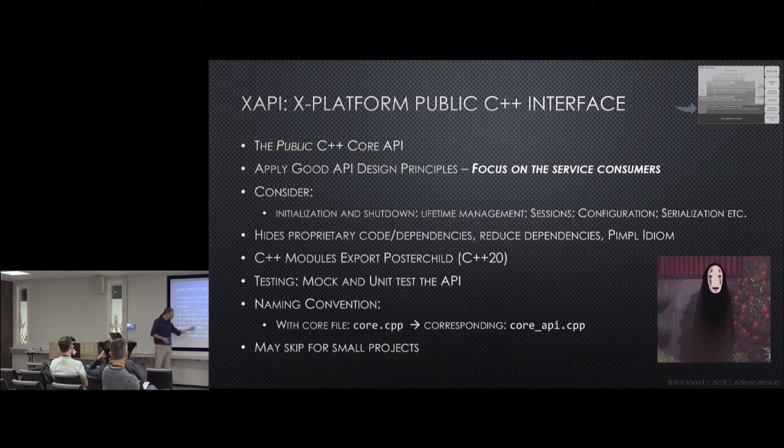Let's say I have some core CPP file, then I generally call it core API.cpp, which is a thin layer, typically on top of the basic C++ core. And as I said before, small projects, and the example I'll show you at the end, actually might skip this because the basic C++ core is sufficient to behave as this layer as well. But again, this is a concern that exists everywhere. So it's something that you might need to think about.